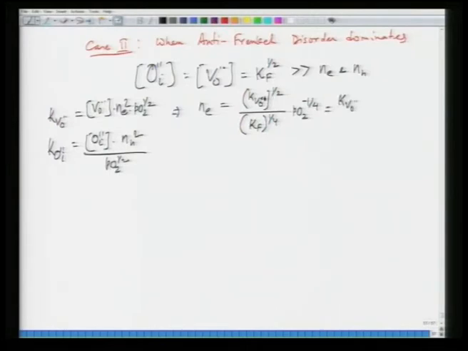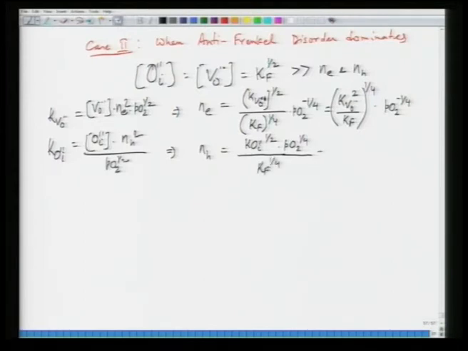So, basically you write it as KVO divided by Kf to the power 1 by 4 into PO to the power minus 1 by 4, and similarly NH will be equal to KOI to the power 1 by 2 into PO to the power 1 by 4 divided by concentration of OI, which is Kf to the power 1 by 4.